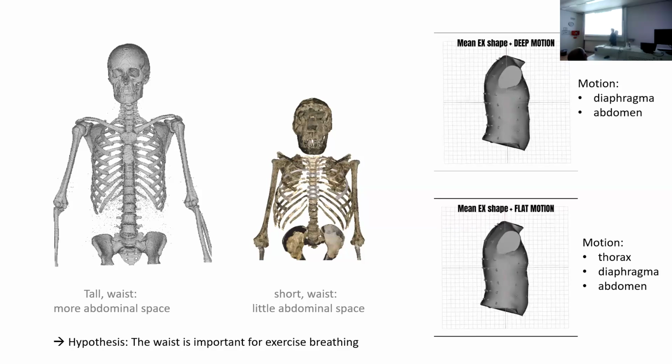So we think that these comparisons somehow shed light on the fact that the waist is not only important for the biomechanical stuff in the context of running, but it is also very important in the context of exercise breathing. And in the Homo erectus reconstruction, as it is here, there would be just little space for this kind of recruitment, of volumetric recruitment during exercise breathing.